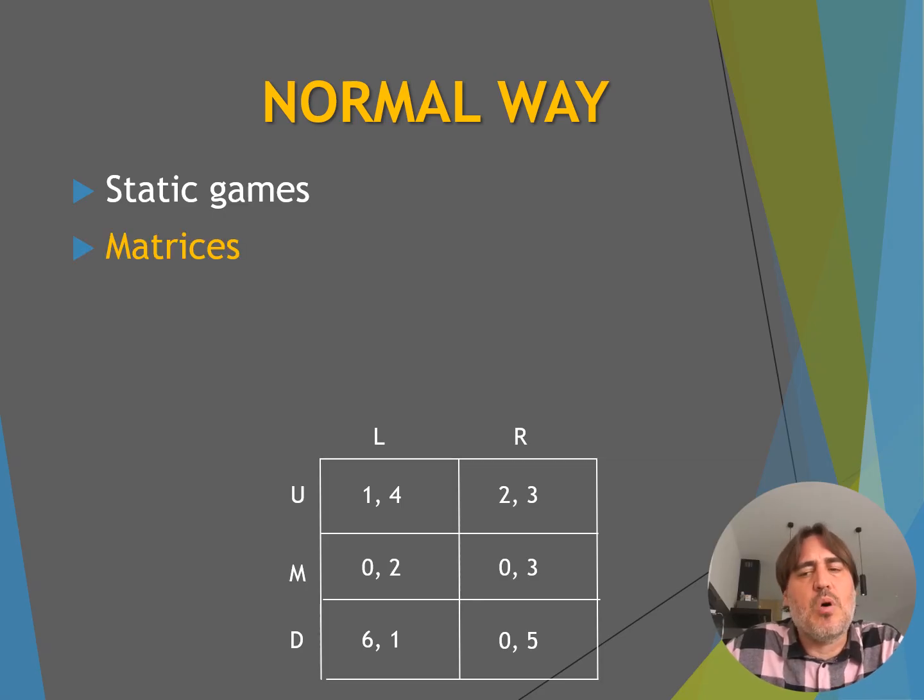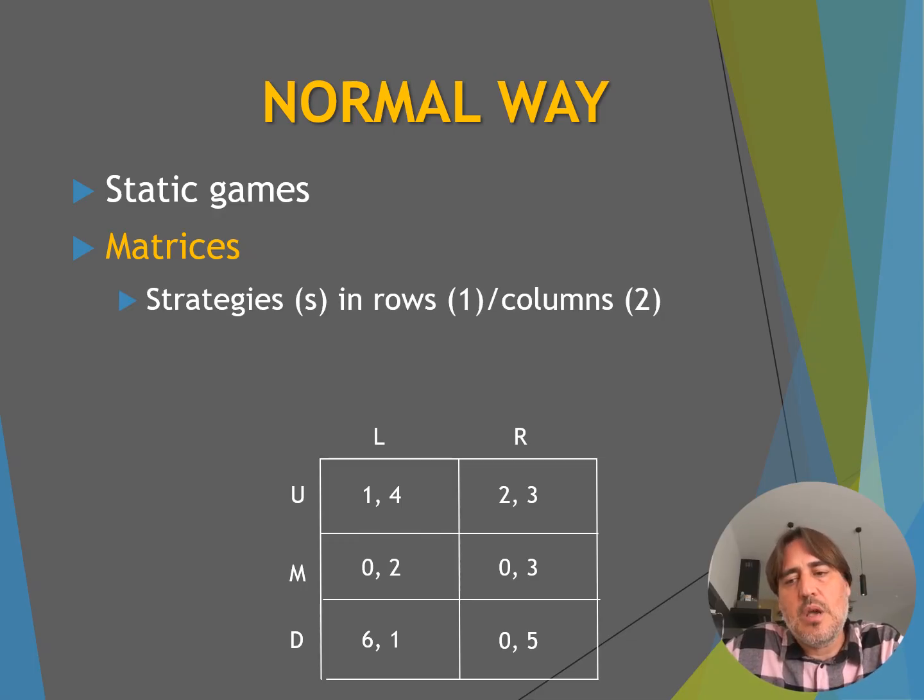If the game involves only two players, one or two, we can represent information of the strategic or normal way with a payoff matrix. In this matrix, one of the players will be placed in the columns and the other one in the rows.